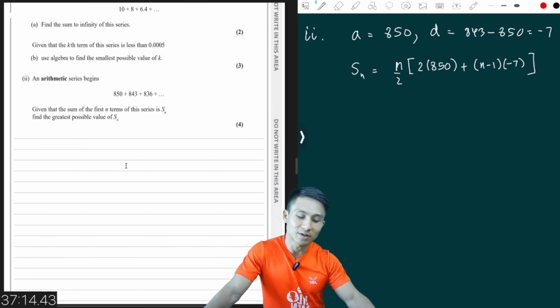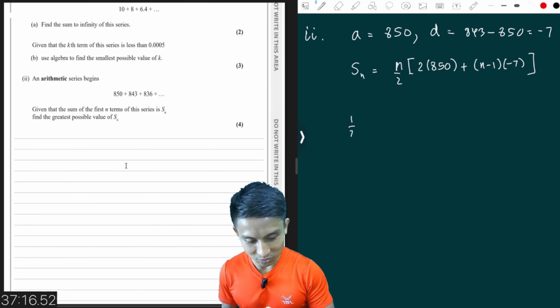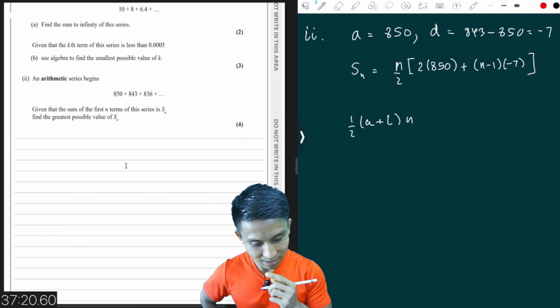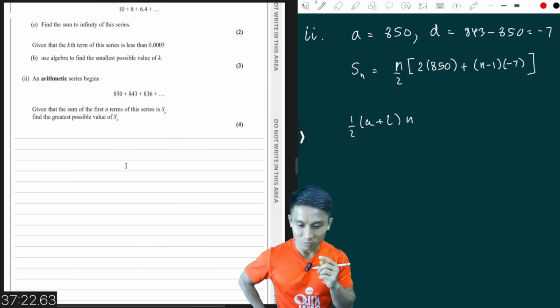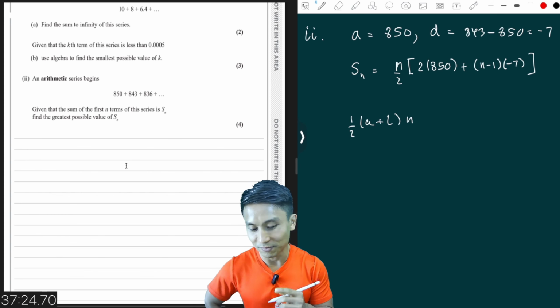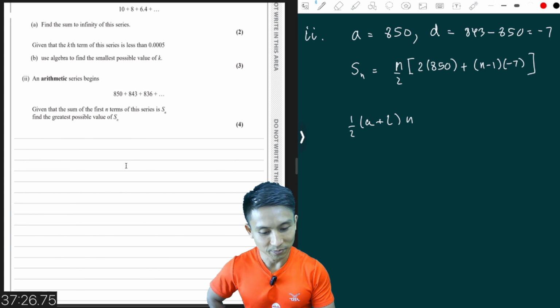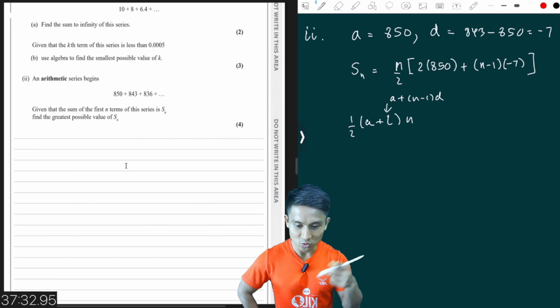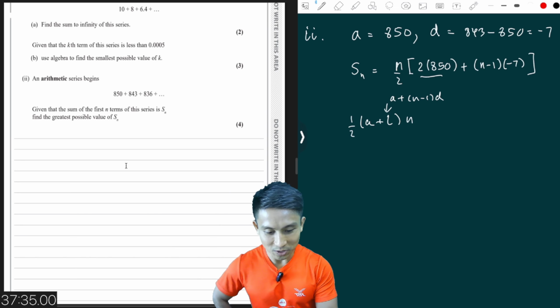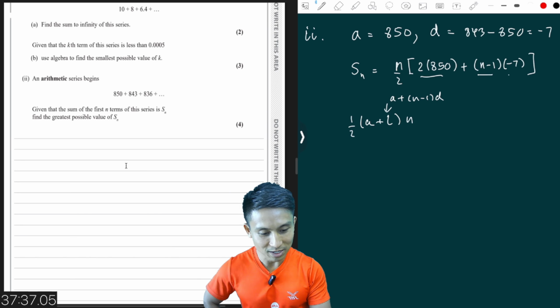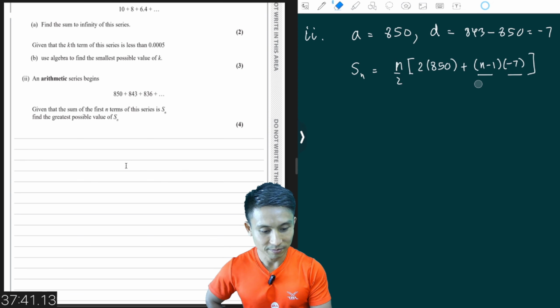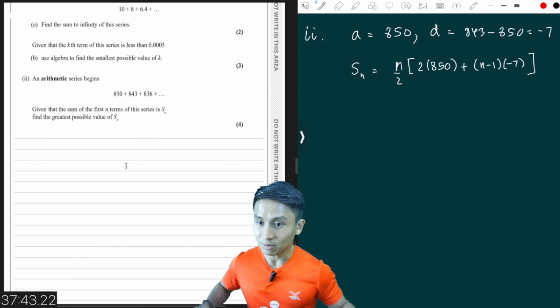Let me check: 1 over 2 times a plus l times n. That's the formula I definitely remember. It's just the first plus the last term divided by 2 times the number of terms. But l is basically a plus n minus 1 times d. So that's going to be 2a, and then n minus 1 times d, and outside I have n over 2. Yep, that works.